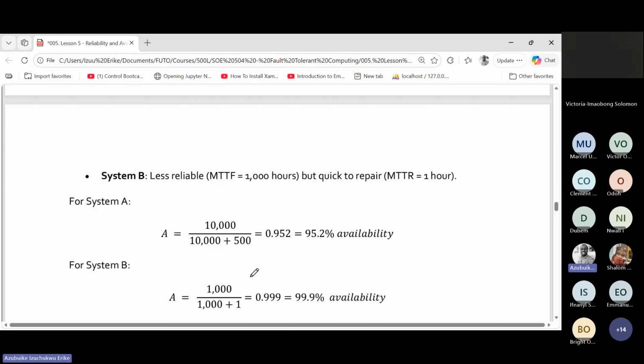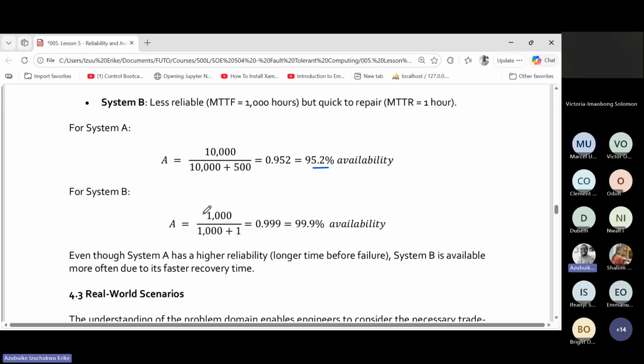Now, for system A, we can compute the availability as shown here, and we see that system A is 10,000 divided by 10,000 plus this, which is going to give us 95.2%. And the other one, 1,000 divided by 1,000 plus 1, is going to give us what? 99.9% availability.